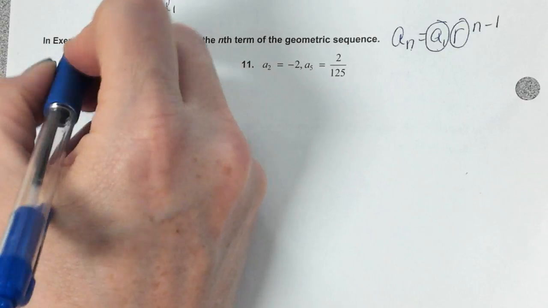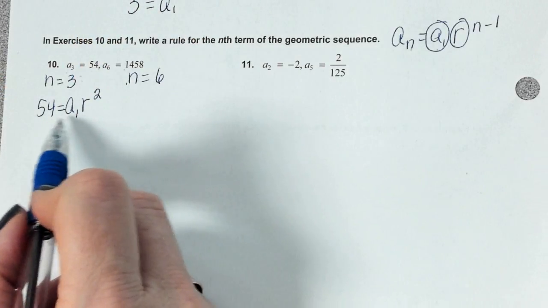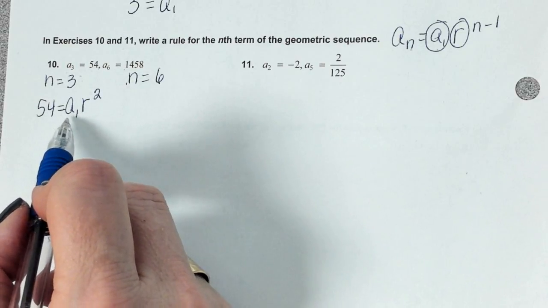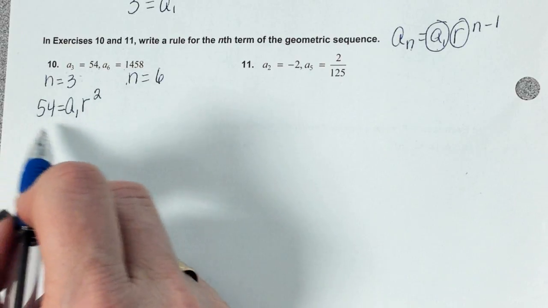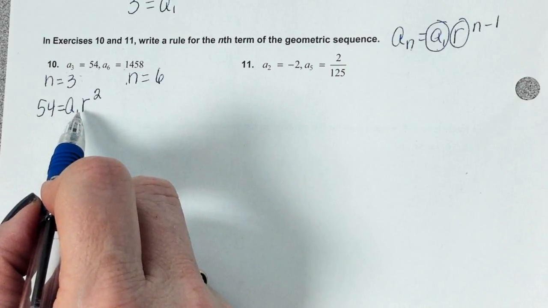So 3 minus 1 is 2. So this is one equation I know. I can't solve this equation though because I have 2 variables in one equation. If I have 2 variables, I have to have 2 equations.